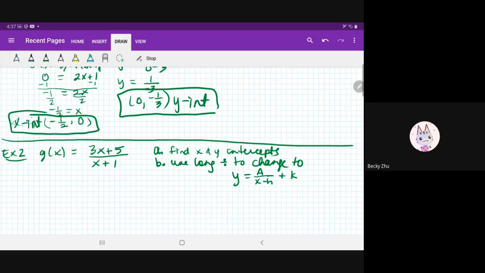These are sometimes the letters they use. And then graph, and then label the asymptotes with their equations.